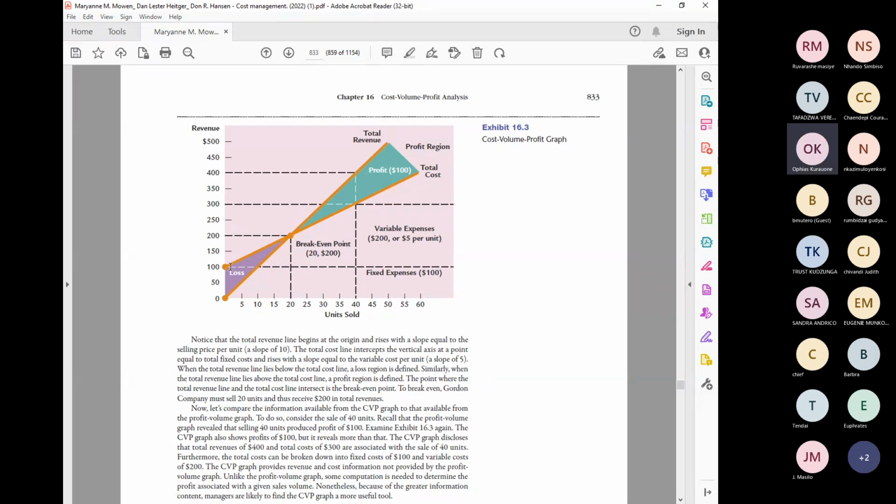But at this point, because we've got some variable costs, total cost consists of variable expenses plus fixed costs. So if we add this portion plus this portion, then you get total cost. So this is the margin of safety, this area.